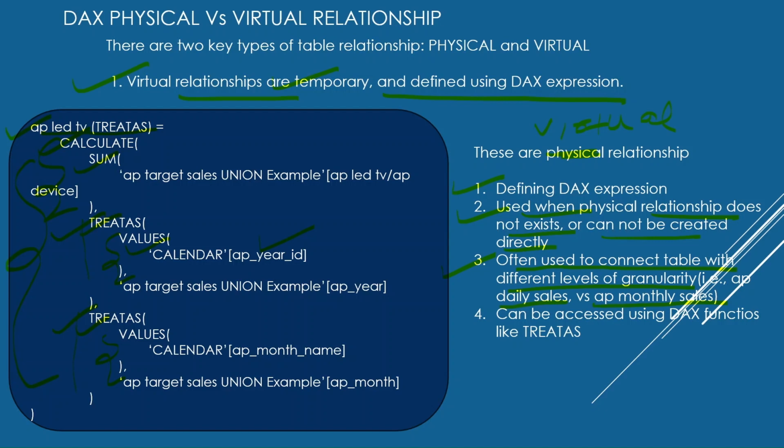In those scenarios we prefer to use a virtual relationship. It can be created using a DAX function like TREATAS. I have also created this code snippet where I have shown how we can create a virtual relationship with the help of the TREATAS function.